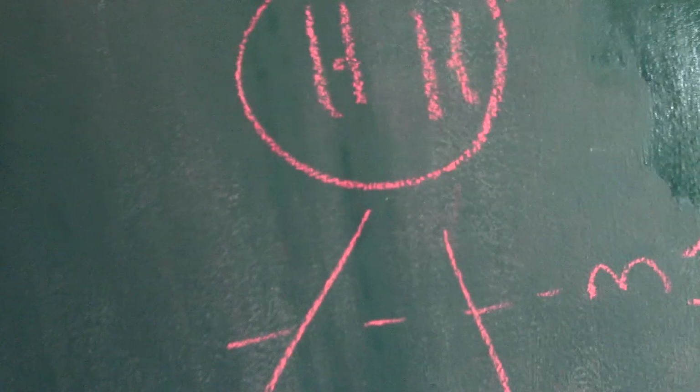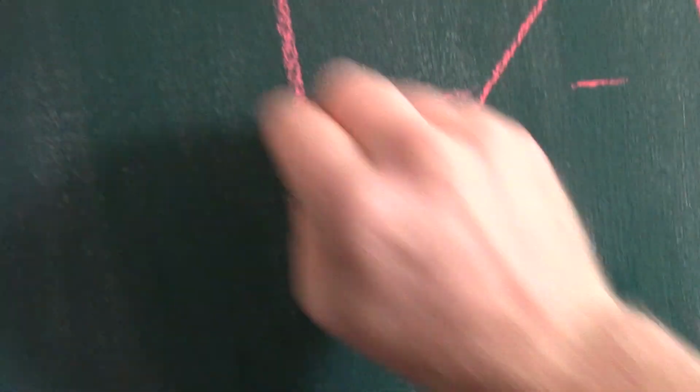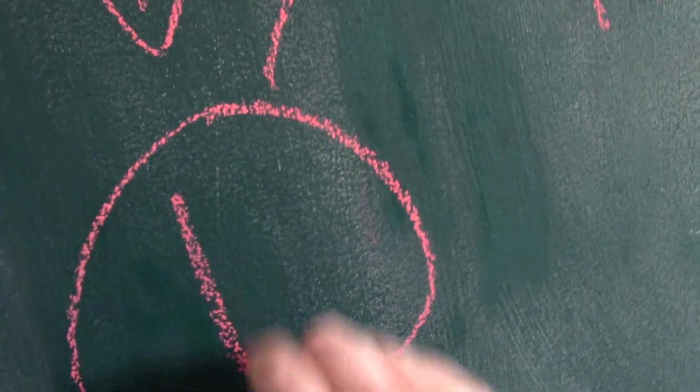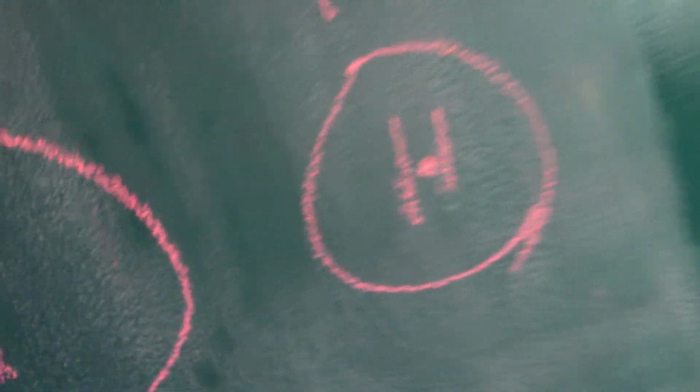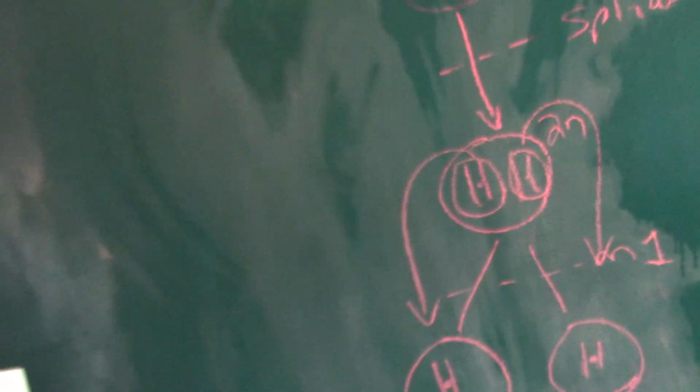What happens is this one goes here, and this one goes here. So you end up with a single homologous chromosome with a sister chromatid still intact.